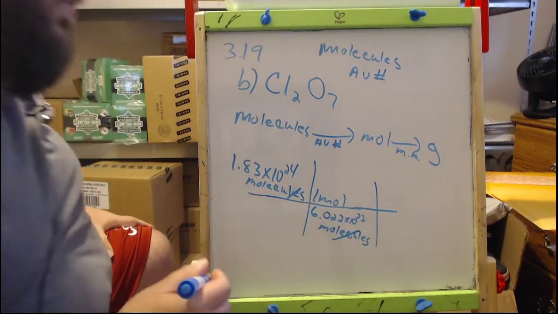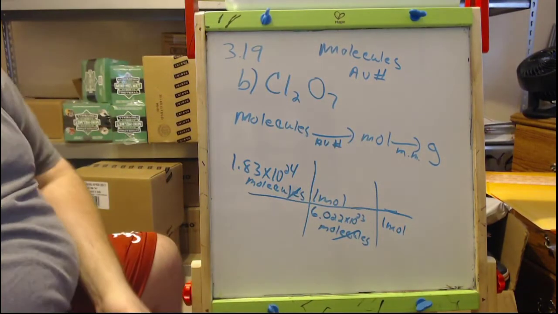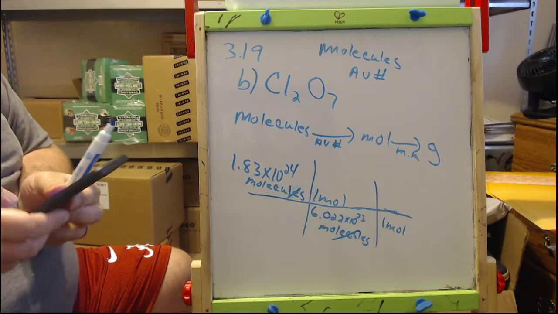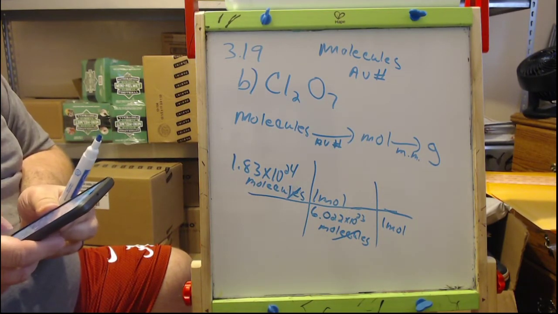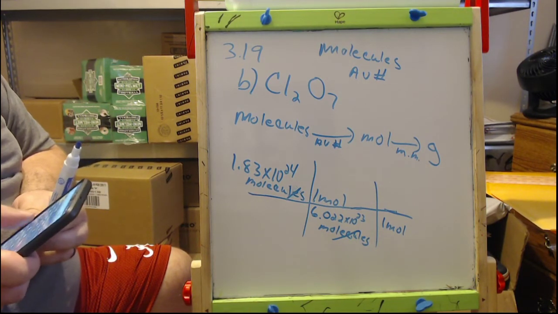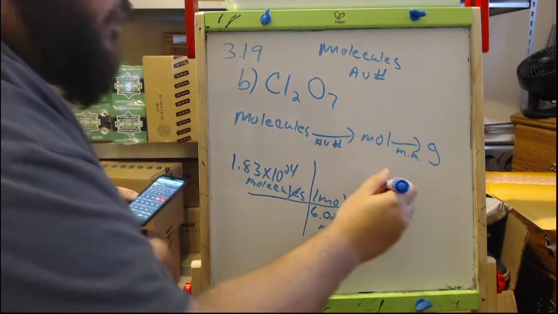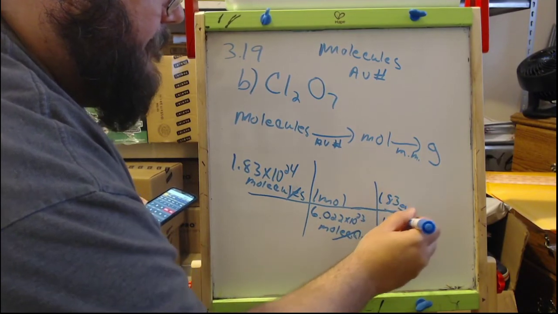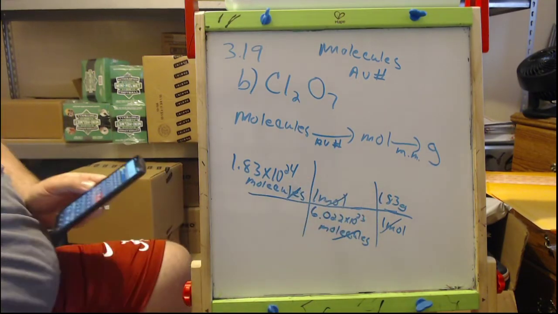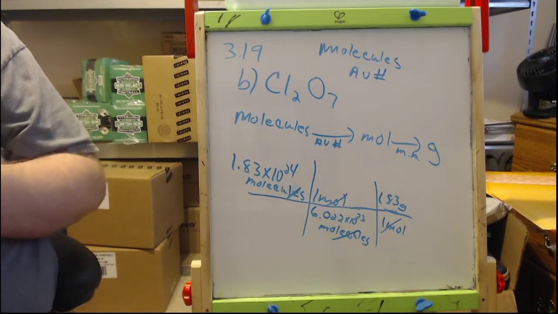And then 1 mole, I need the grams of, what's that, 7 times 16 plus 91 plus 16. 183 grams. And then we just do the math. Take this, divide it by this, times that. Okay? But that's the setup right there.